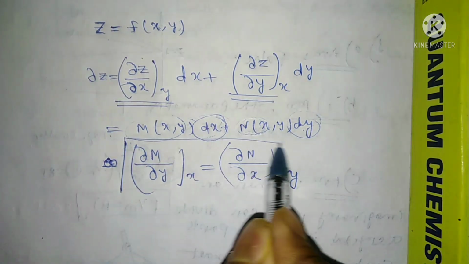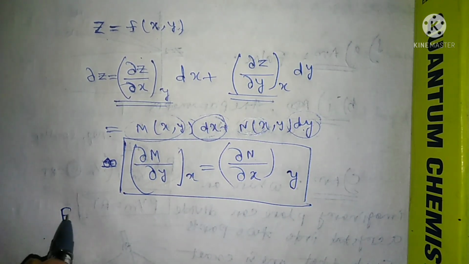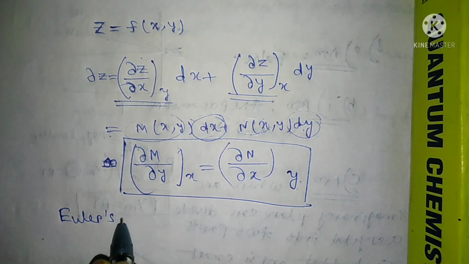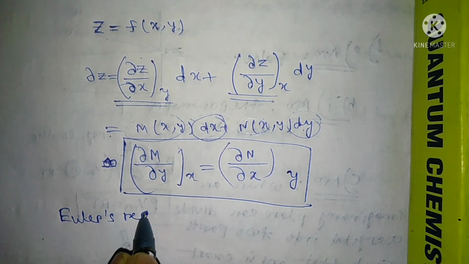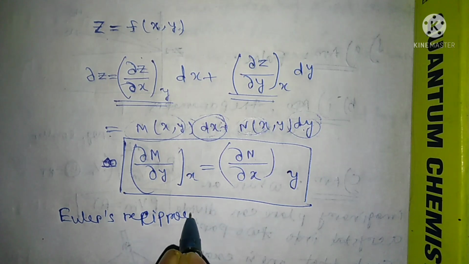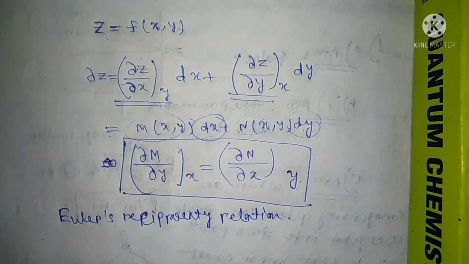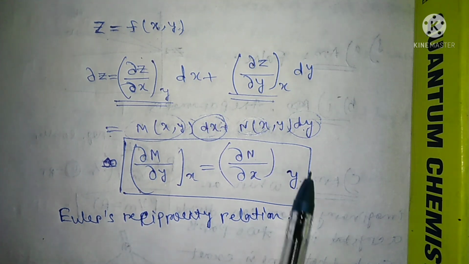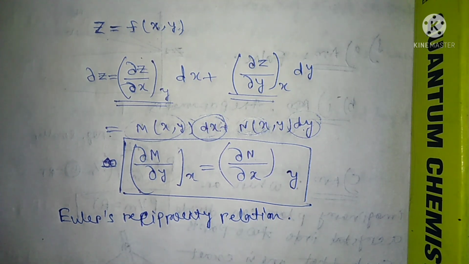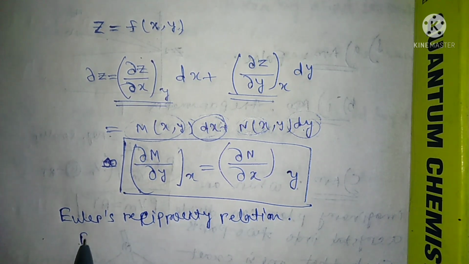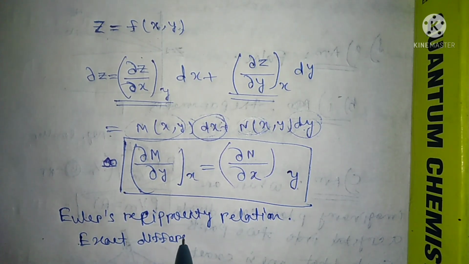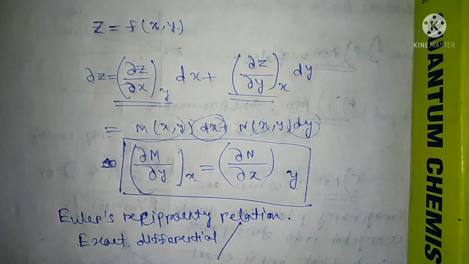This is called Euler's reciprocity relation. And if a function shows this relation, then we will know that the function is an exact differential or state function.